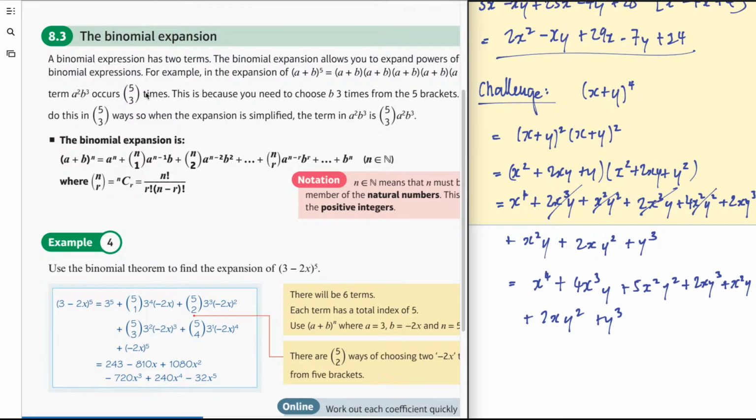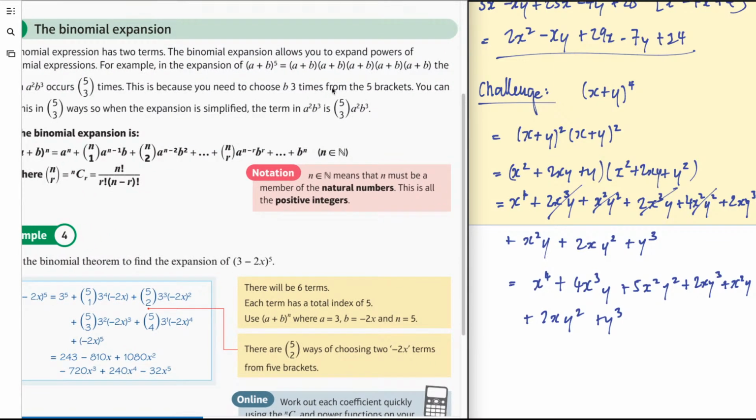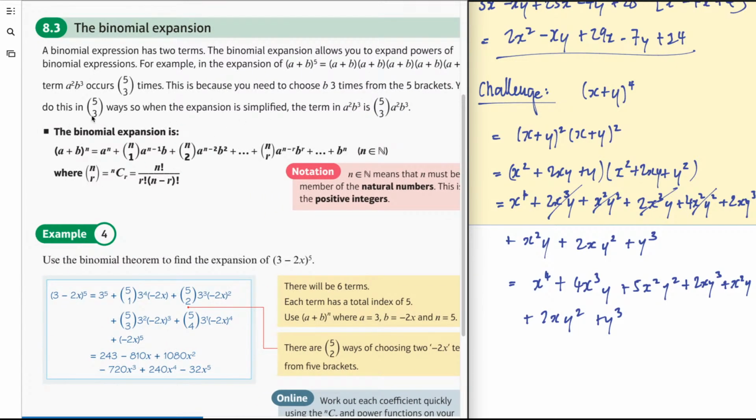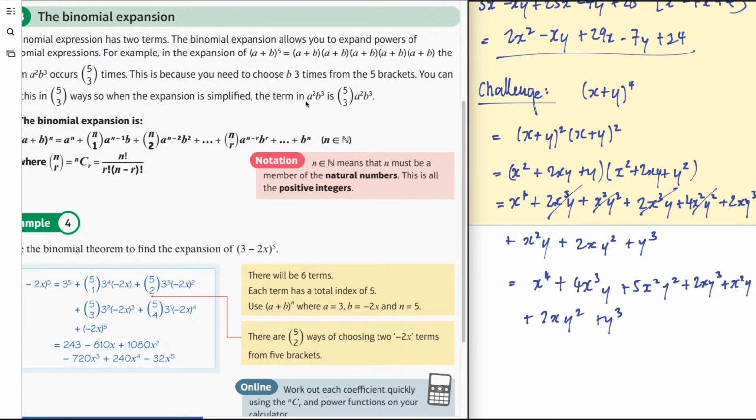Sorry, I was forgetting the correct terminology. This is because you need to choose b 3 times from the 5 brackets. You can do this in 5 choose 3 ways. So when the expansion is simplified, the term in a squared b cubed is 5 choose 3 a squared b cubed.